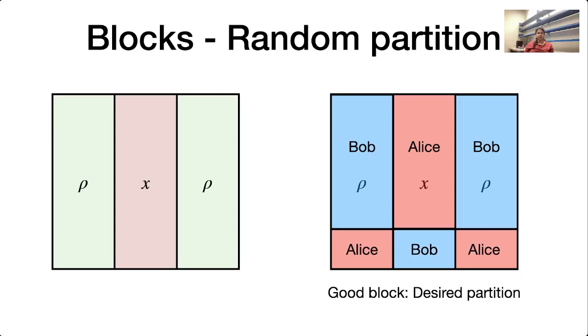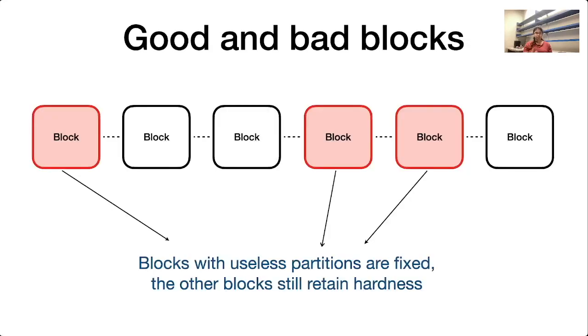This is what we call a desired partition or a good block for us, and we can prove that a lot of these blocks actually are good and are favorable for us. So once we have these good blocks, if there are bad blocks, we're just going to ignore them and fix the output on these bad blocks and just look at these hard instances, which are the good blocks.